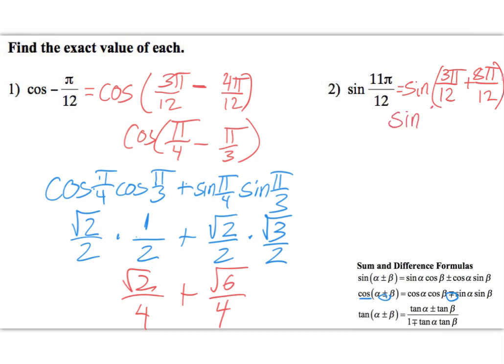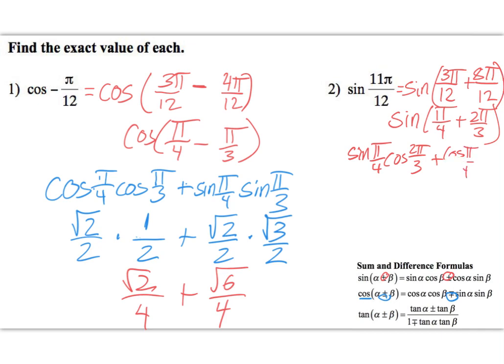So we've got sine of pi over 4 plus 2 pi over 3. Sine, I've got plus. That's going to give me plus over there. So we've got sine of pi over 4, cosine of 2 pi over 3, plus cosine of pi over 4. That should not be under the cosine.